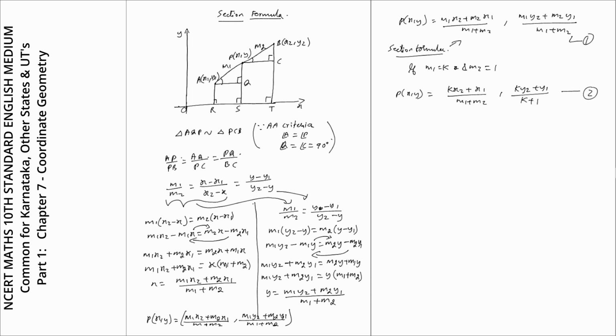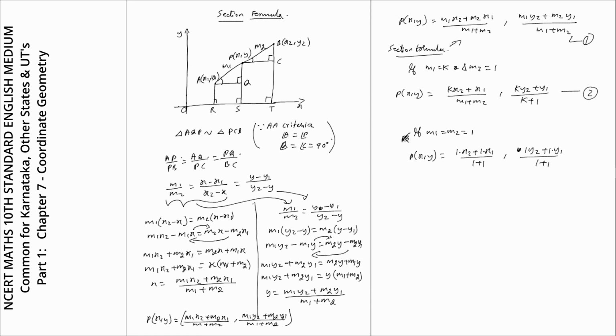So now P is a point which divides the line AB in the ratio k is to 1, and there is another case where P divides the line AB in two equal parts. That means m1 is equal to m2 is equal to 1. So if m1 is equal to m2 is equal to 1, then P of x comma y is equal to (1 into x2 plus 1 into x1) by (1 plus 1), and (1 into y2 plus 1 into y1) by (1 plus 1).